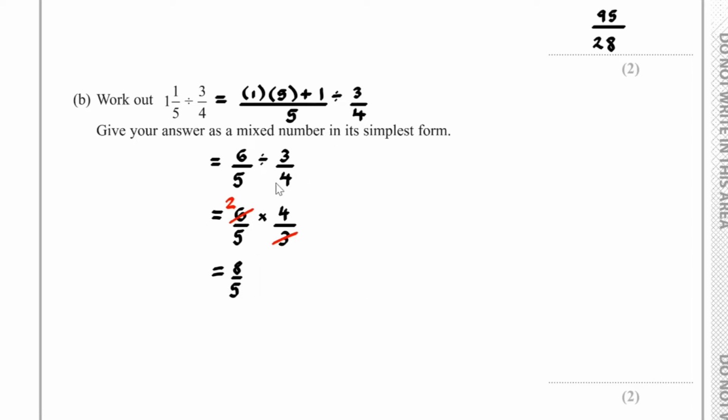And if we were to write 8/5 as a mixed number, we are questioning how many times does 5 go into 8? Well, 5 goes into 8 one whole time, and what's left over is 3/5. And so we end up with 1 3/5.